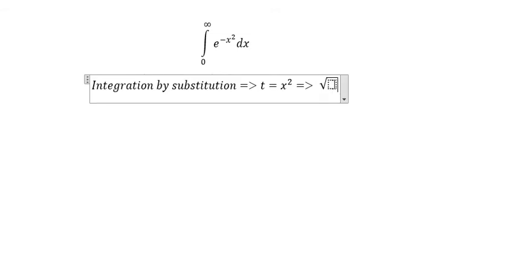So to answer the question here, we will use integration by substitution. We put t equal to s squared, so that we have the square root of t equal to s, and then we first take the derivative on both sides.